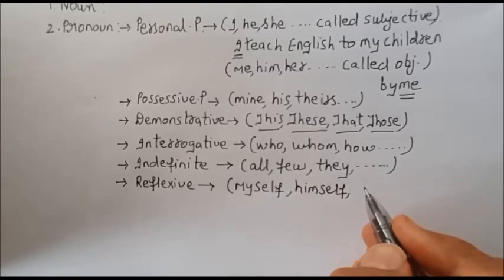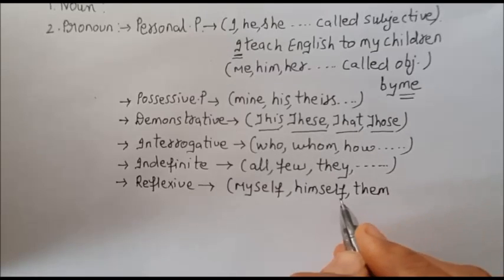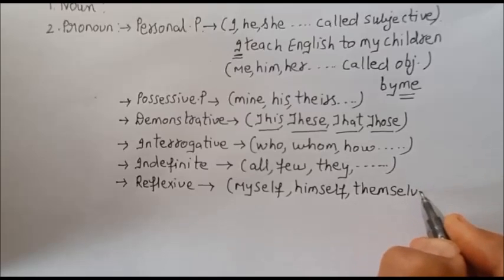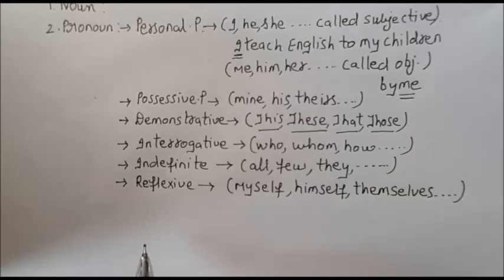Then you can use the word themselves, but now it becomes plural. So I will not use self, I will use selves, V-E-S, and so on. So this is just basic knowledge that is given to you about different types of pronoun.